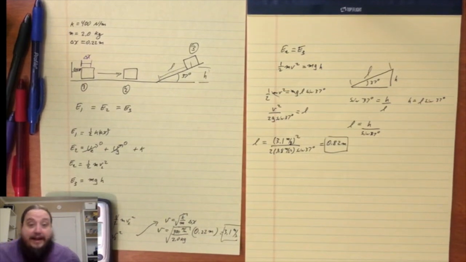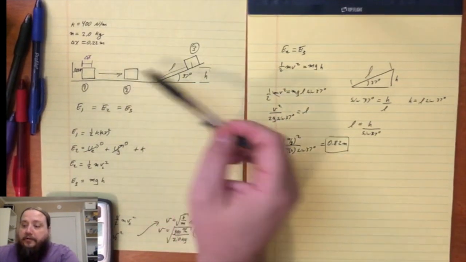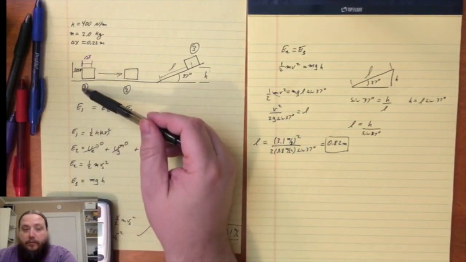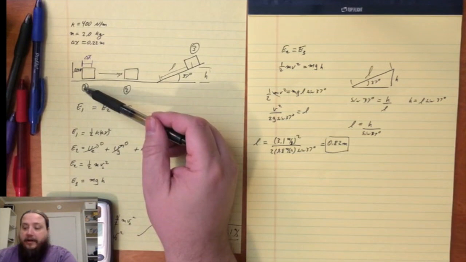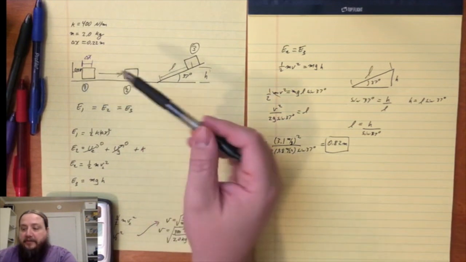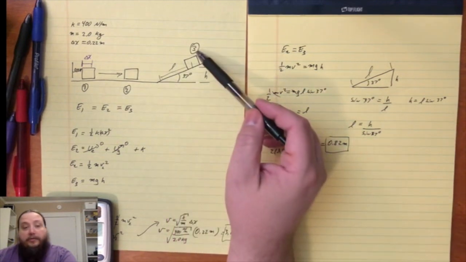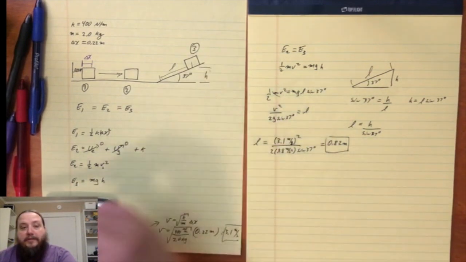And indeed, each of our special moments corresponded to a place where all of the energy was in a single form. At moment 1, all of the energy was elastic potential energy. At moment 2, all of the energy was kinetic energy. At moment 3, all of the energy was potential energy.